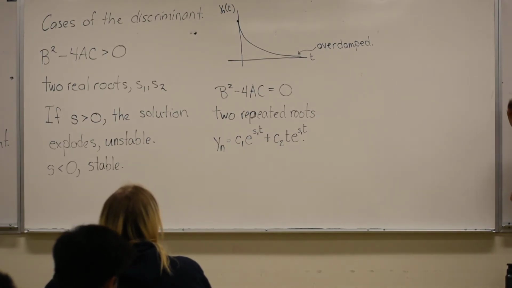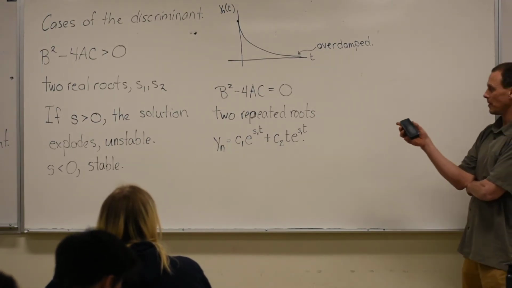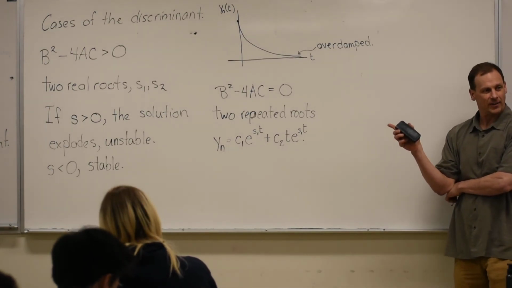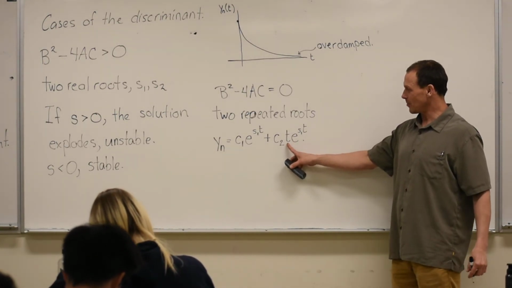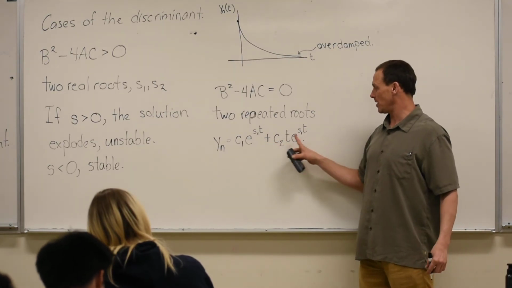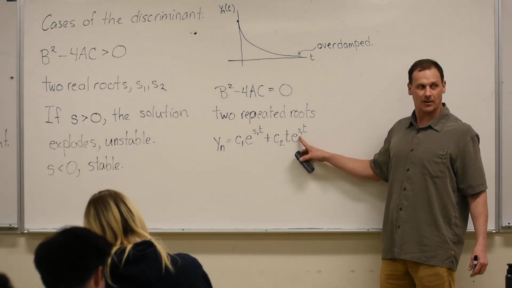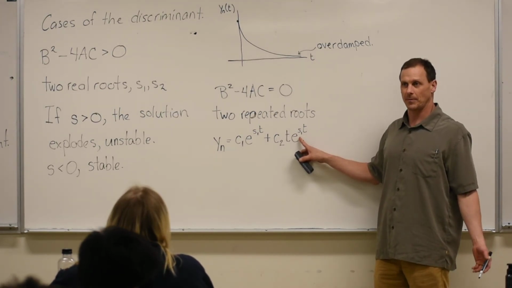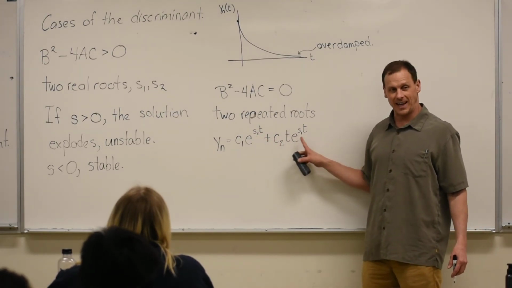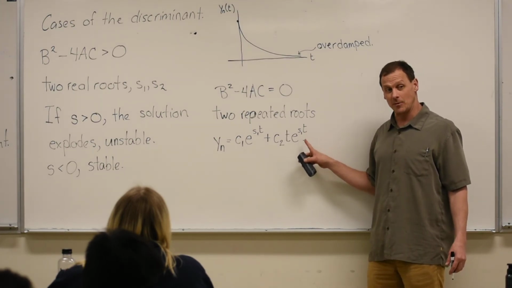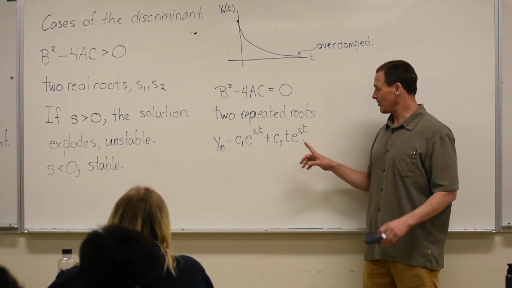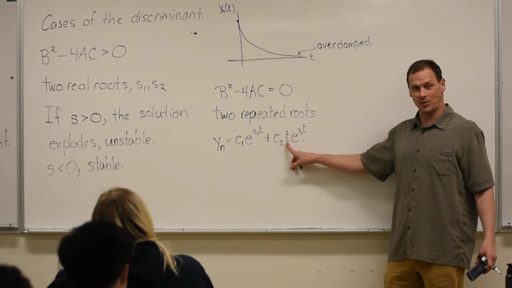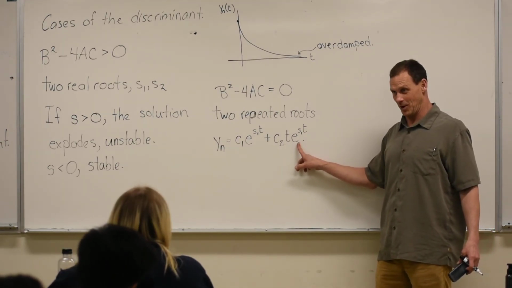Oh, remember this was the race. This is where, if S1 is a positive root, then the whole system is unstable. If S1 is negative, the solution is stable. But remember that for a moment there's a race between t and e to the S1 t.